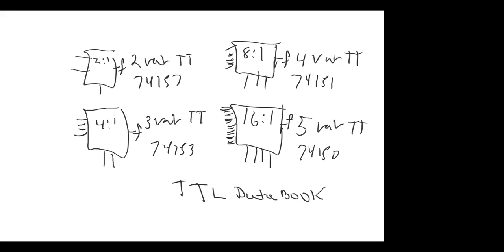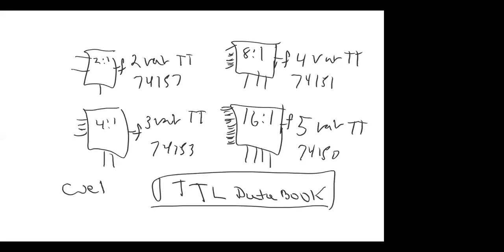And that gives us a clue as to what these things look like. And in fact, you can find all this stuff on the web now. Just Google it. Type in the number and hit enter into Google, and it will come right up. So you don't really need the physical book. But in the days before Google, we were just using the TTL data book.